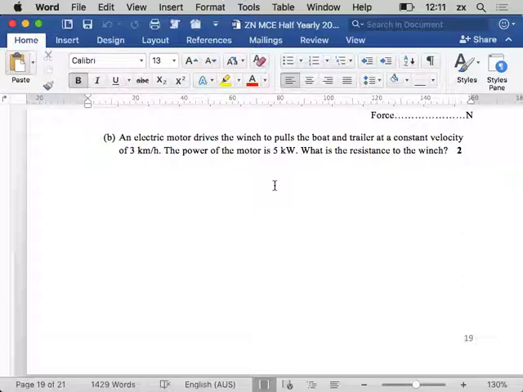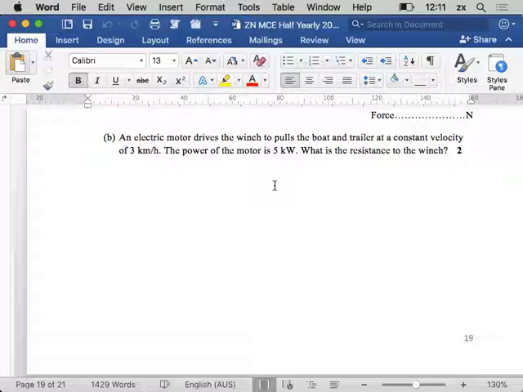Now, we're also given our power. P equals 5 times 1,000 watts. Unless you're someone who can't read the formula sheet, this is where I'd be looking and asking, what's the formula for power?